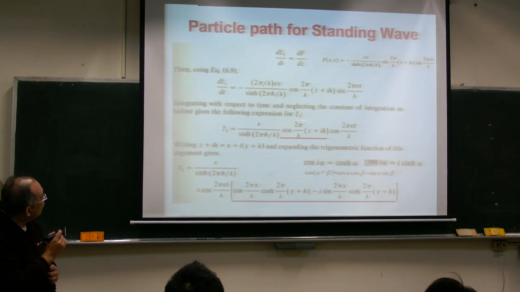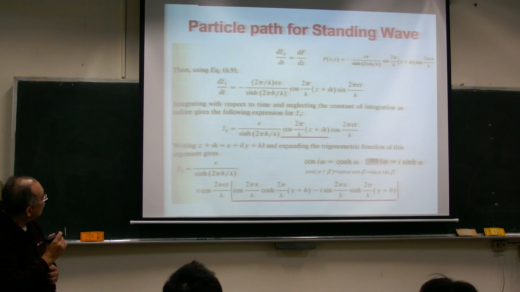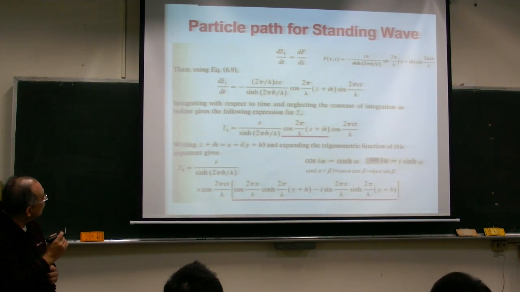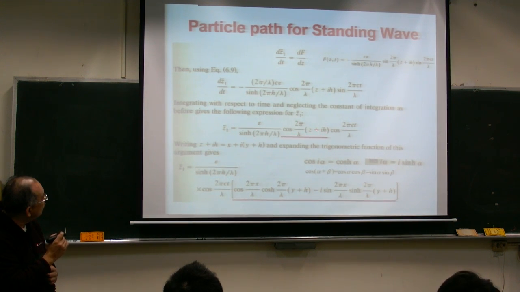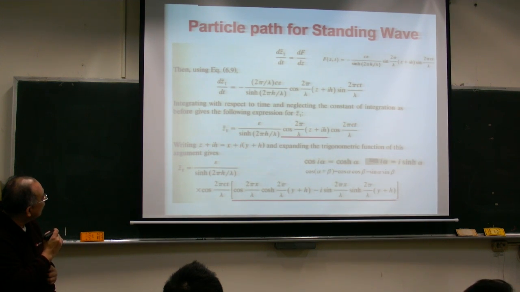Okay. And for here, as you can see, cosine of 2 pi over lambda times z plus ih. And z plus ih will be equal to x plus i, because z is equal to x plus iy, right? And we have ih, so the imaginary part becomes y plus h.